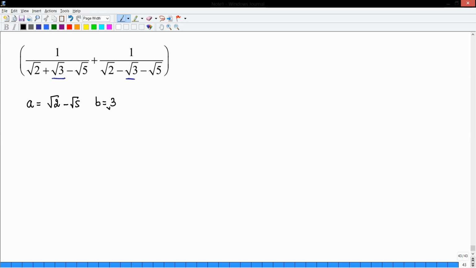So I can clearly say the given thing I can write it as, this one is a plus b, minus b. 2a by a square minus b square.